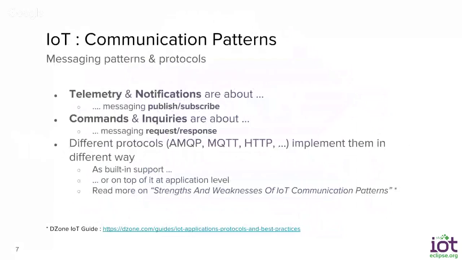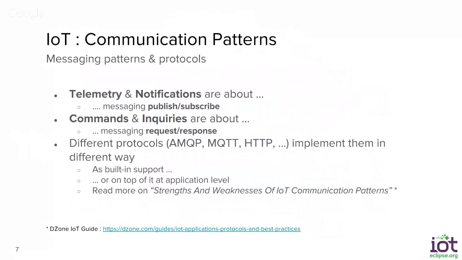Okay, so as I said, if we consider the IoT as a specific use case of messaging, we can say that the IoT communication patterns that we saw before can be mapped onto the related messaging patterns. So for example, the telemetry and notification, that are a unidirectional flow of data from device or from the cloud, are just something like the publish subscribe from messaging.